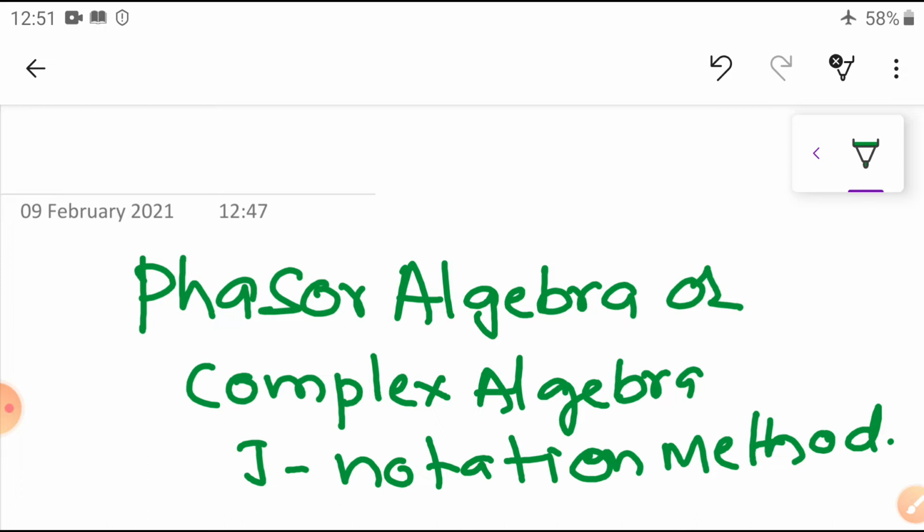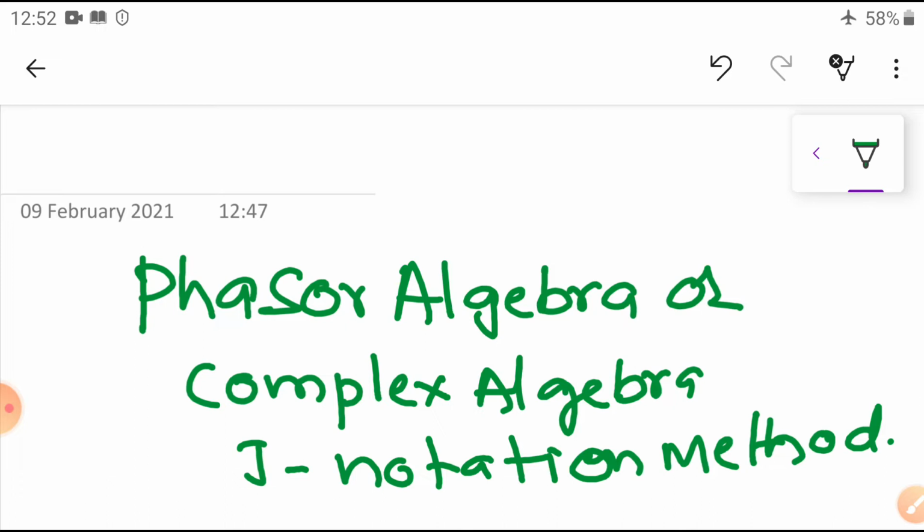So by using the rules of phasor algebra, the solutions of all parallel circuit problems can be obtained mathematically with the help of your scientific calculators. This phasor algebra, or complex algebra, or J notation method eliminates the need to draw the phasor diagram.